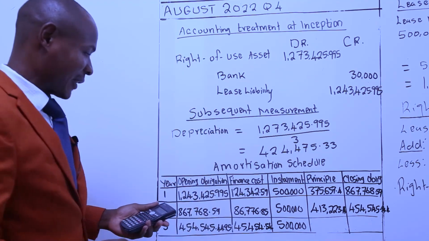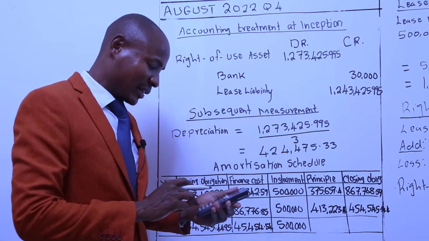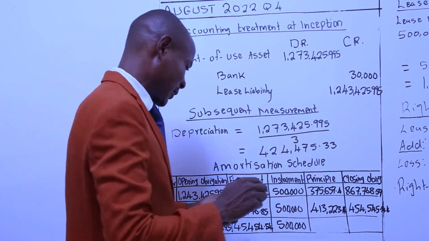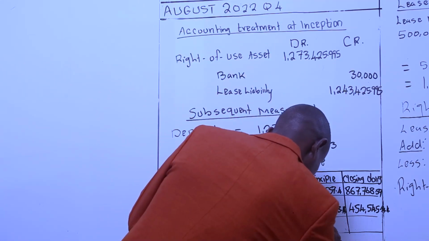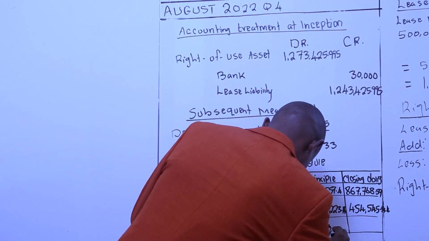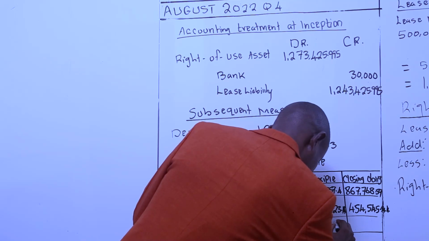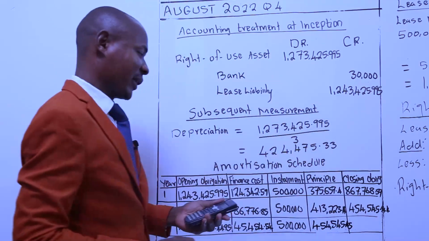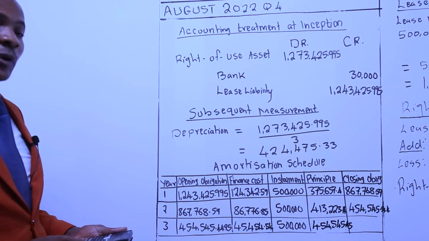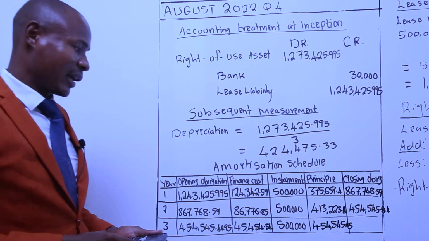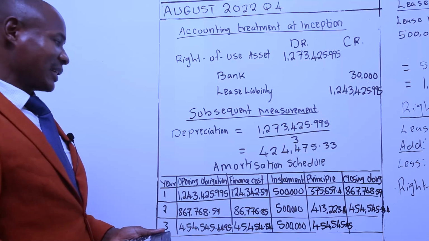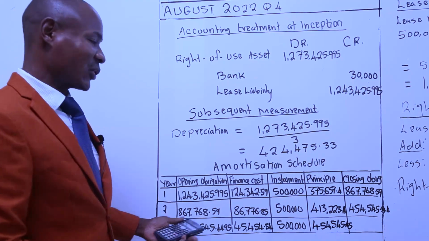So 500,000 minus the answer to get the principal, which is 454,545.45. Looking at what we have here, to get the closing obligation, it is usually opening obligation minus principal.